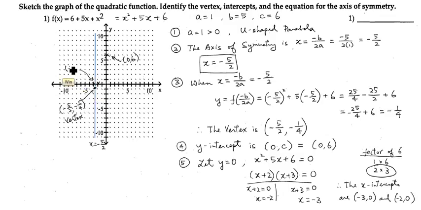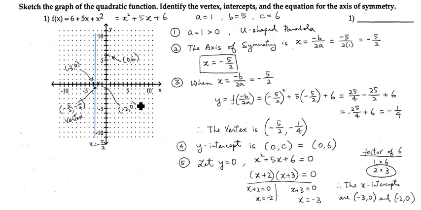This is the negative 3, comma 0, and the other point is negative 2, comma 0. So you must have a parabola passing through all those 4 points. Y-intercept, x-intercept, vertex, and another x-intercept.